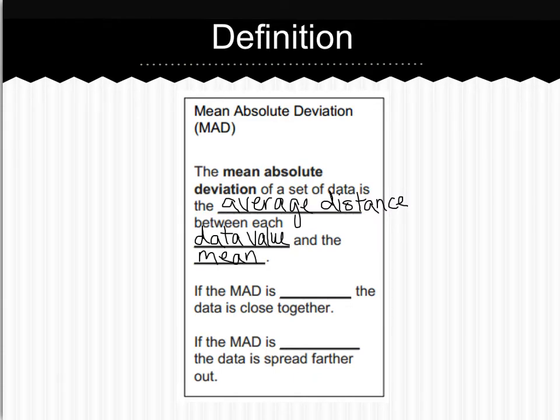The mean absolute deviation of a set of data is the average distance between each data value and the mean. Mean means average, deviation is the distance, so we're looking for the average distance.